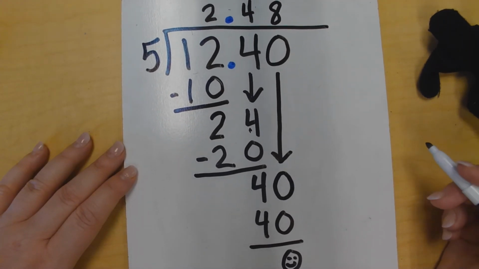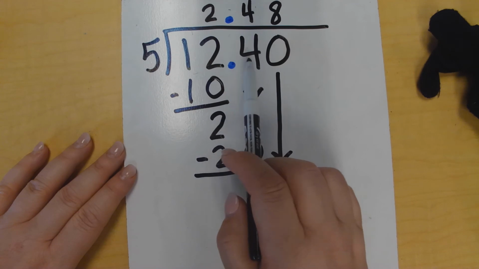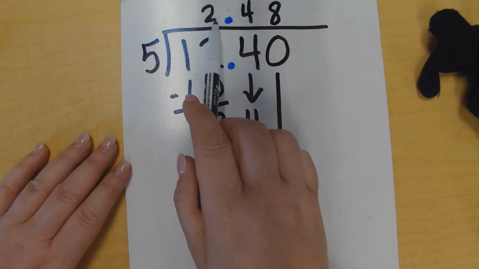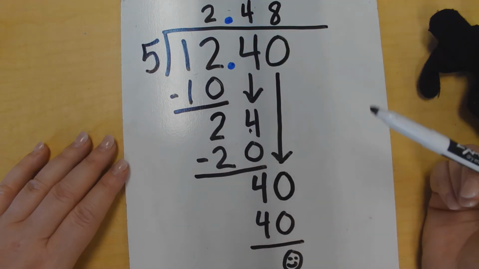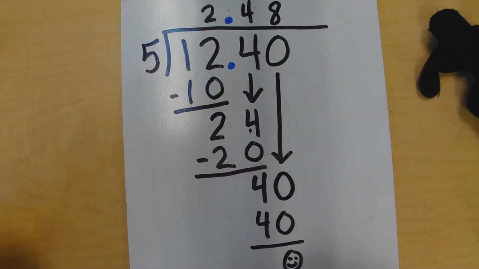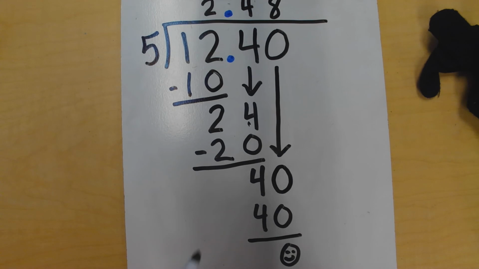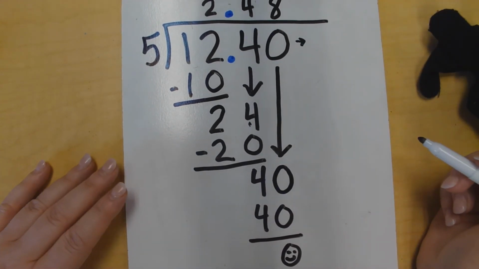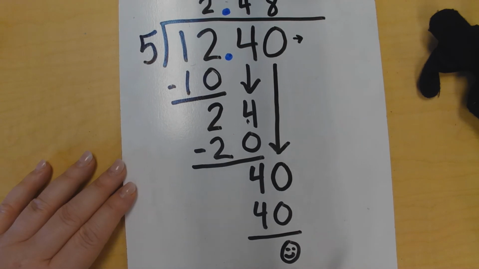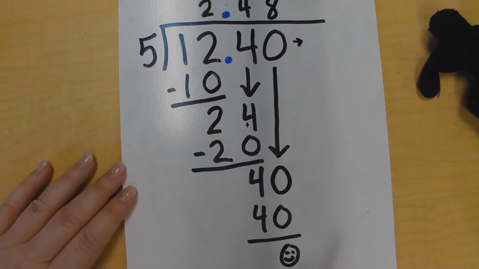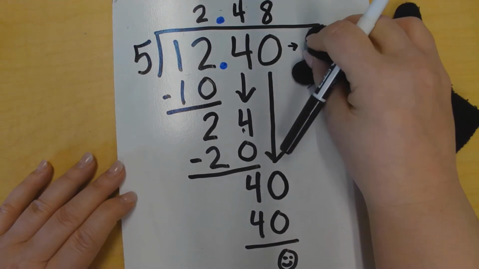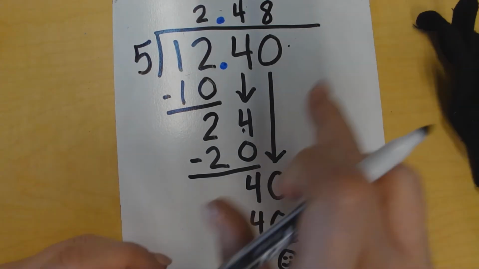So your answer of 12 and 4/10 divided by 5 is 2 and 48 hundredths. Now, if this didn't divide evenly, you would just keep adding zeros going this way until you got to that happy face 0 at the bottom. But we got to that 0 at the bottom, so we can stop, and that is our answer.